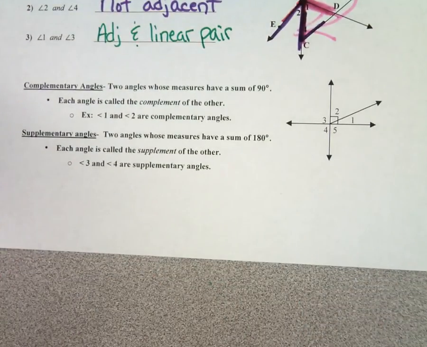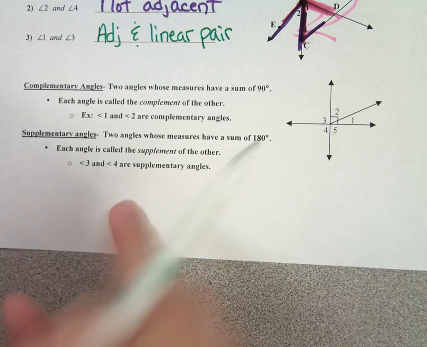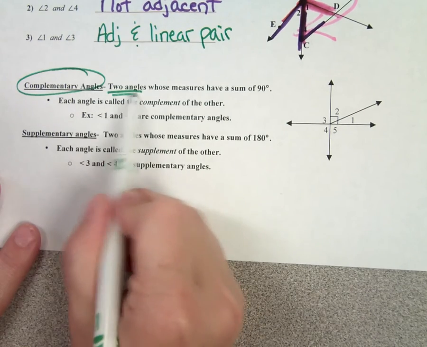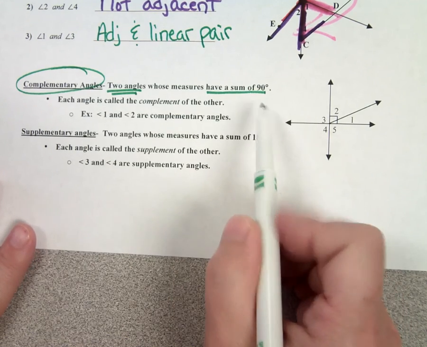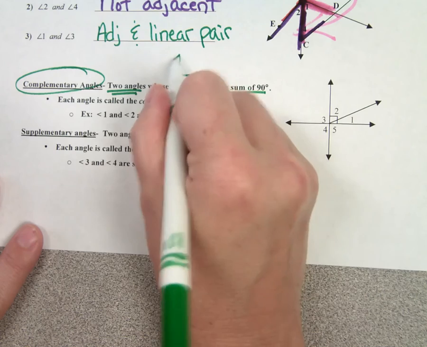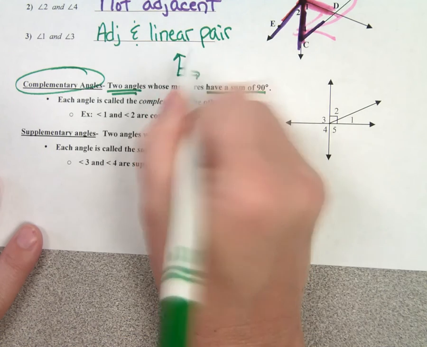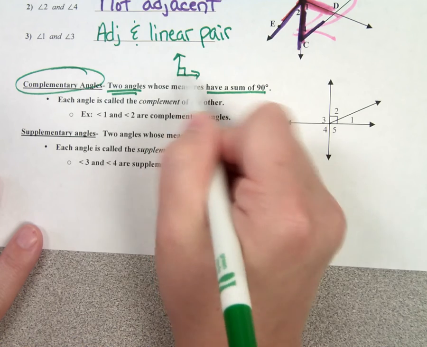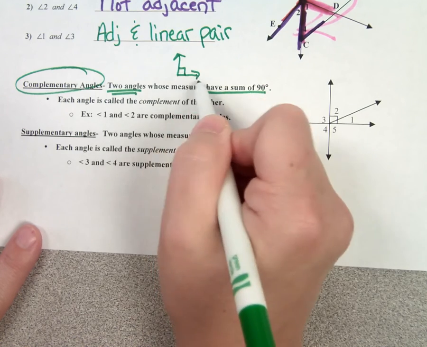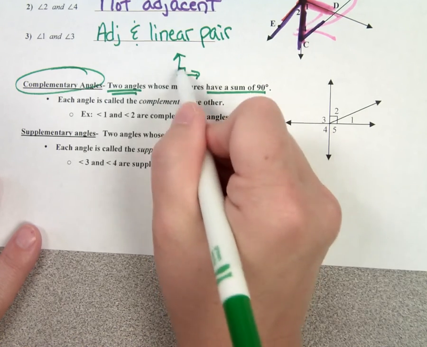And these two words you should have seen in your past somewhere. So just going over those just a little bit. Complementary angles. These are two angles that have a sum of 90. Two angles that add to be 90. A minute ago we talked about if you see the little right angle box, you know that this is a 90-degree angle. But if I'm just talking about this angle alone, I can't say it's complementary because it's just one angle that's 90.